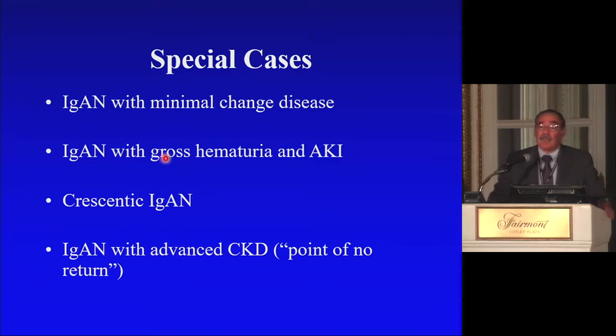Second, if you have somebody who has IgA nephropathy with gross hematuria, many of these patients come in with an elevated creatinine, they have AKI, it usually resolves on its own. The vast majority don't even need a biopsy, it's going to resolve.